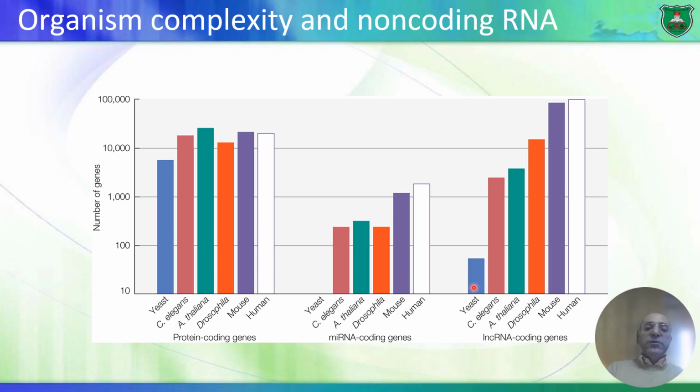There's a correlation between complexity and the number of long non-coding RNA, and that gives us a signal, a mark that these non-coding RNA molecules seem to play a very important role in human cells and mice as well. So what do they do? We know little, we know some, but not everything, and I'll talk about the functions of these RNA molecules later on.